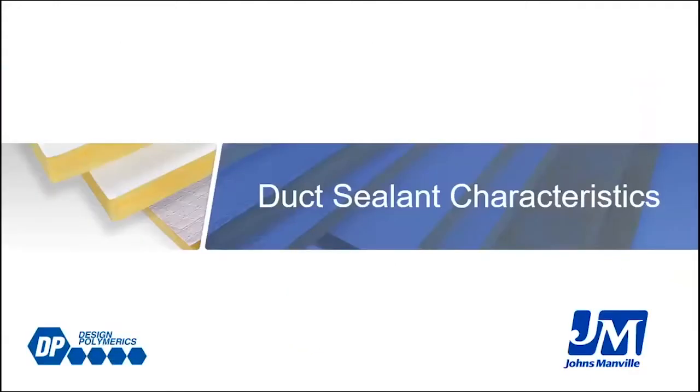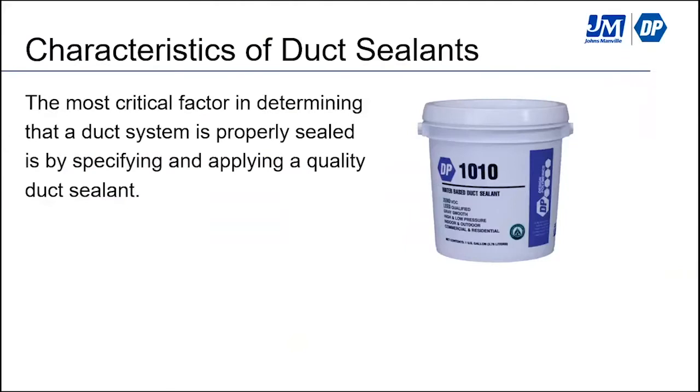Duct sealant characteristics. The most critical factor when determining whether your duct system is going to pass a pressure test, or if you specify a good quality sealant, is using the correct sealant. We're going to go through some of those characteristics in the following slides.